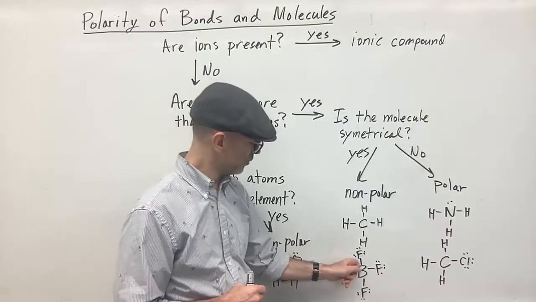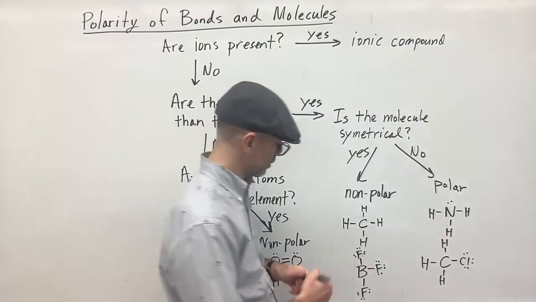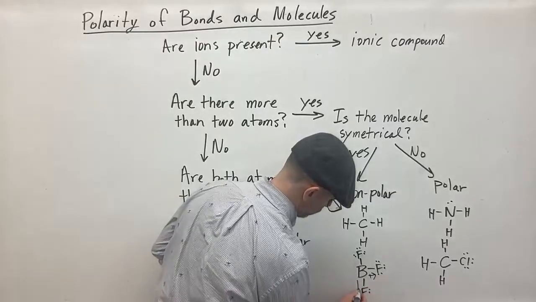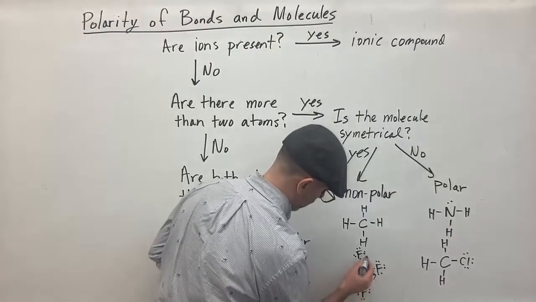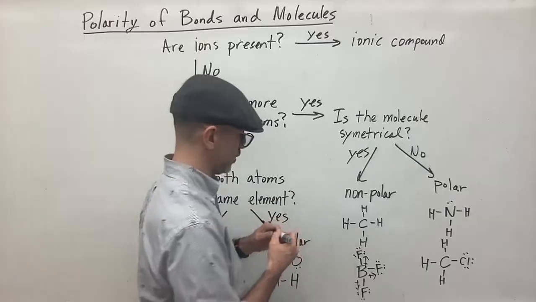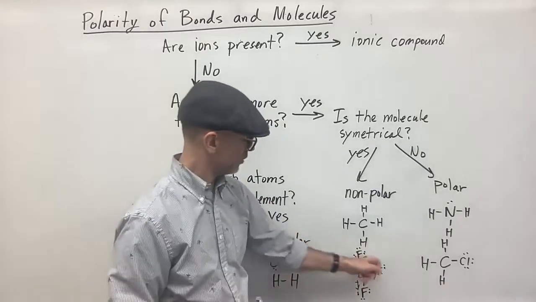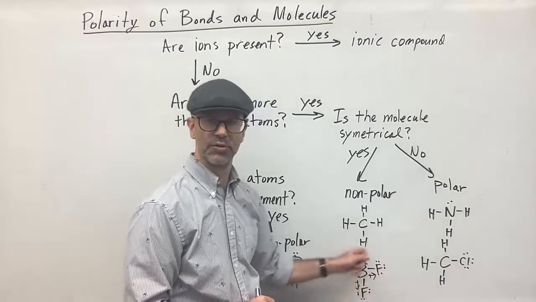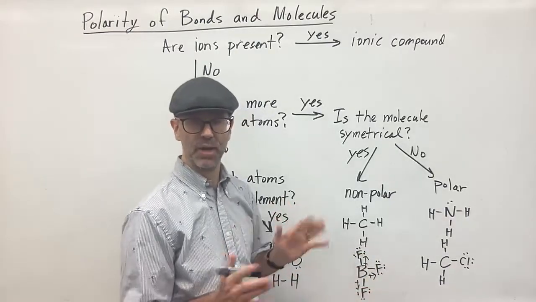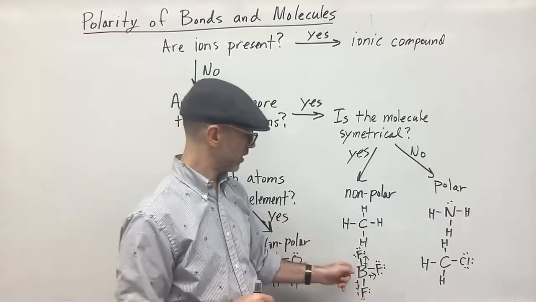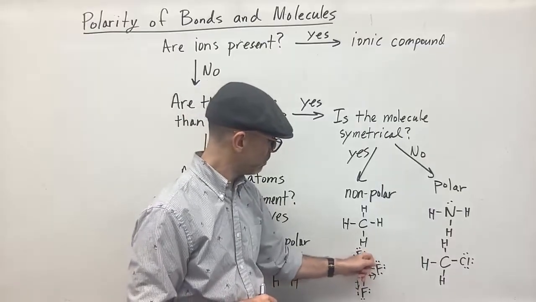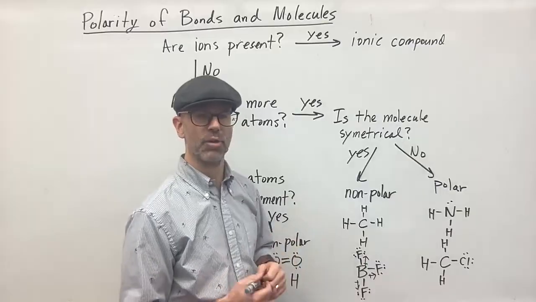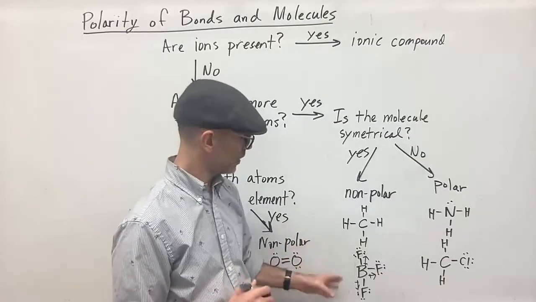The polarity in the bonds, the arrows, again, are pointing towards the fluorines, and the bond angle is going to be 120 degrees for all of them. They're spread out symmetrically, and so the polarity of the bonds is going to cancel each other out, and therefore the molecule will be nonpolar.